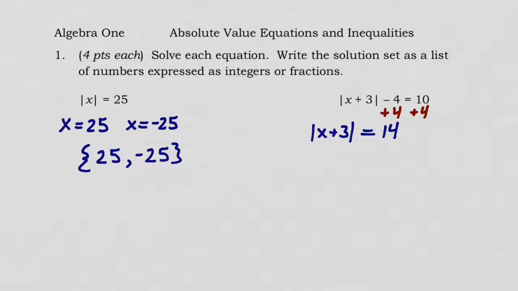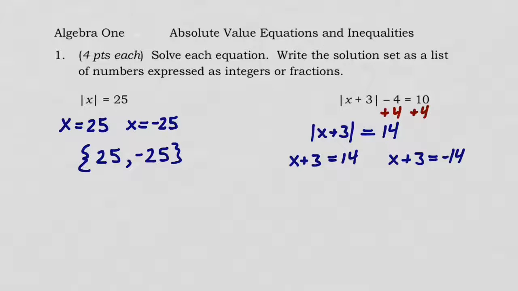So similar to the first example, we now have a pretty simple linear absolute value expression set equal to a positive number. Since the number is positive, we can drop the absolute value signs and write this as x plus 3 equals 14 and x plus 3 equals negative 14.